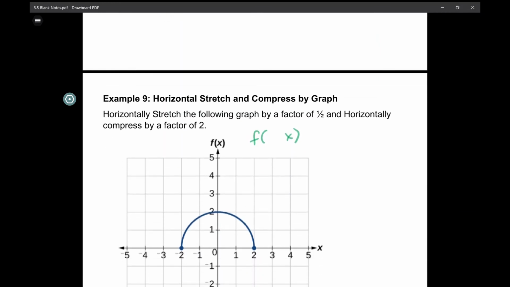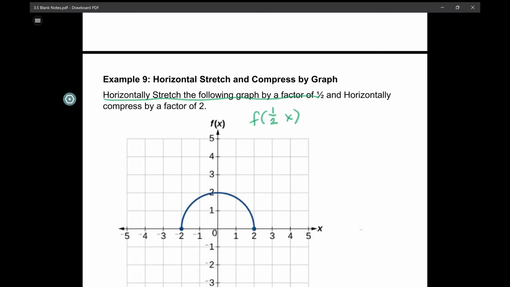So we're going to stretch it horizontally by a factor of 1/2.